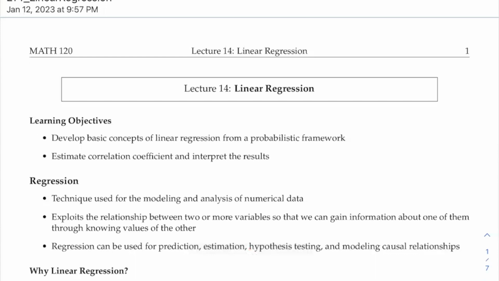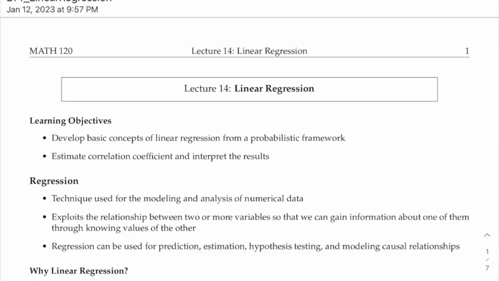So first, let's talk about regression. This is the technique used for the modeling and analysis of numerical data. It's kind of the idea of an empirical model, where we just have data and don't have any particular functions to deal with. We have to somehow fit the data using some model, and we can use regressions to do that as well.